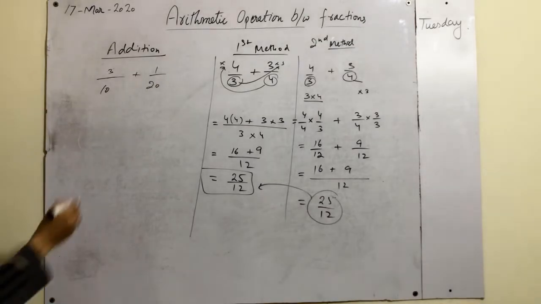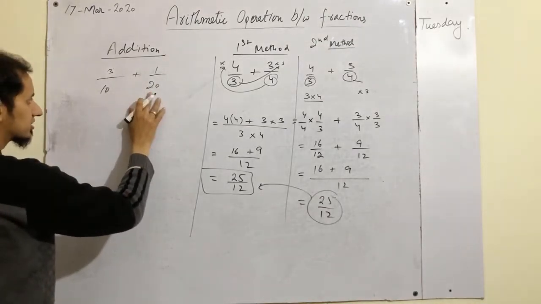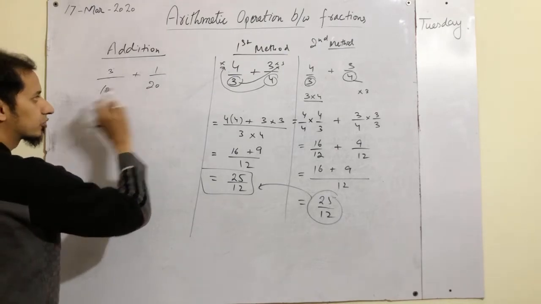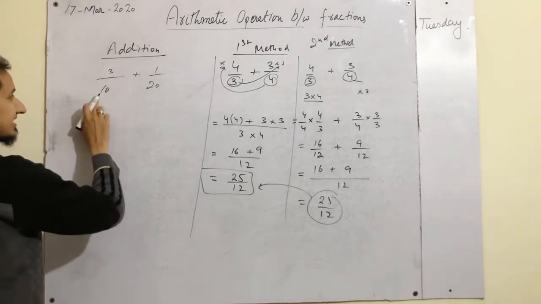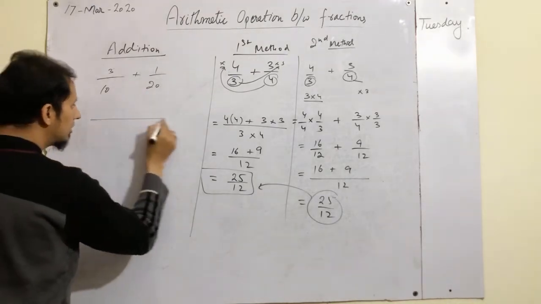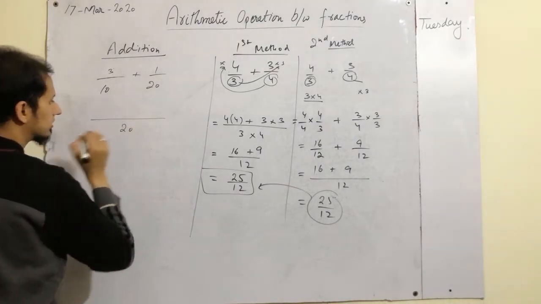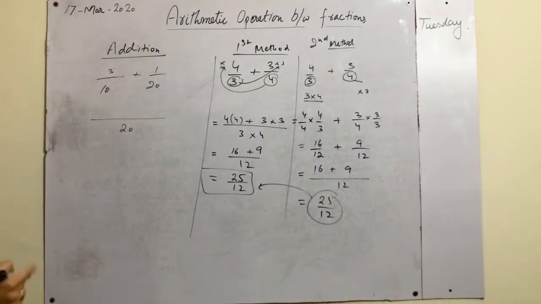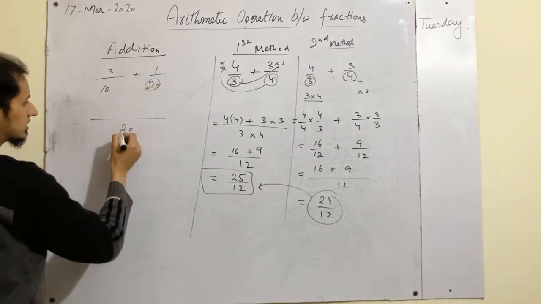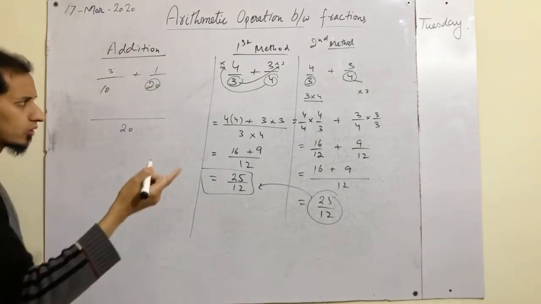Now here we have two different denominators, but 20 is a multiple of 10. So we can write just 20 here. This is another method to solve the fraction. We only take 20 here, not 10 into 20. You can solve it like this also.